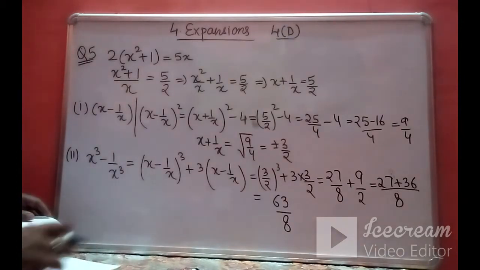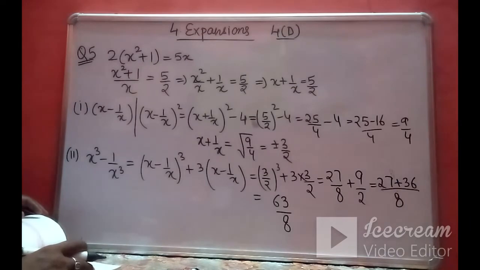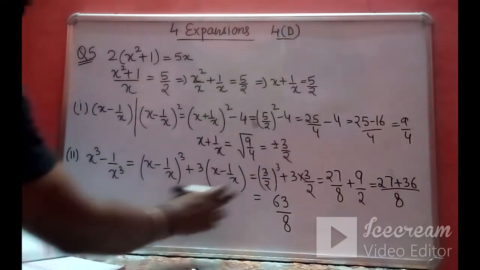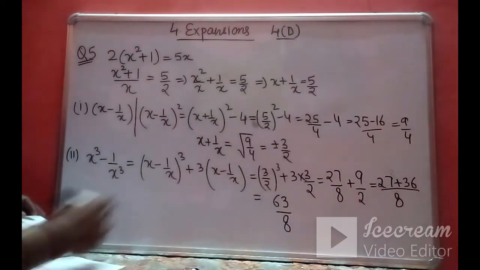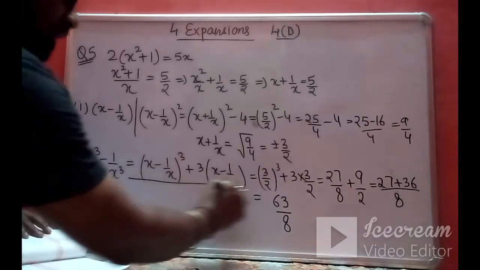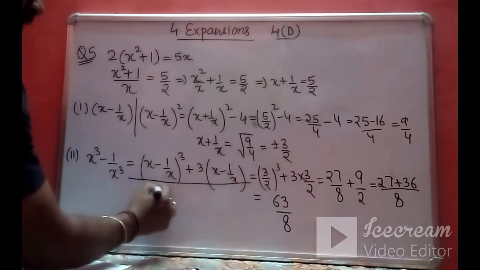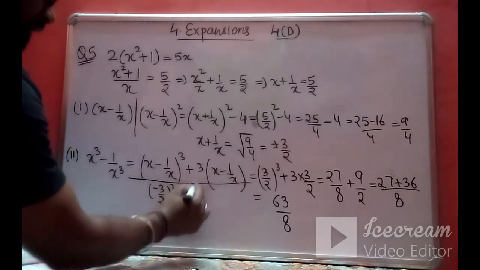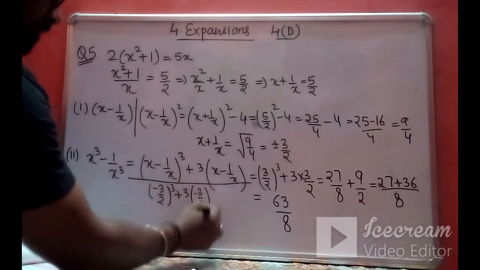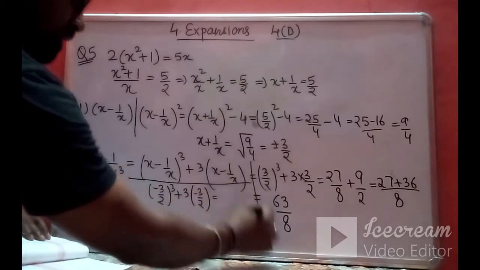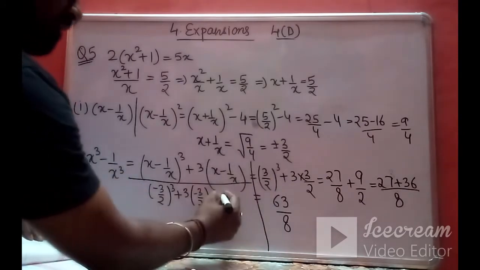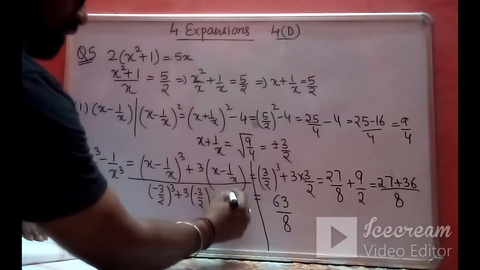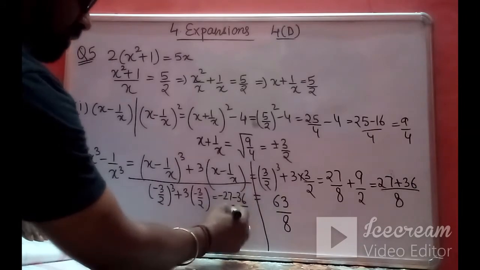Then next is what we will do. First we have put the plus 3 by 2. Next we will put here minus 3 by 2. So it is minus 3 by 2 whole cube plus 3 into minus 3 by 2. So what we will get? We will get the same thing, that is minus 27 minus 36 upon 8.